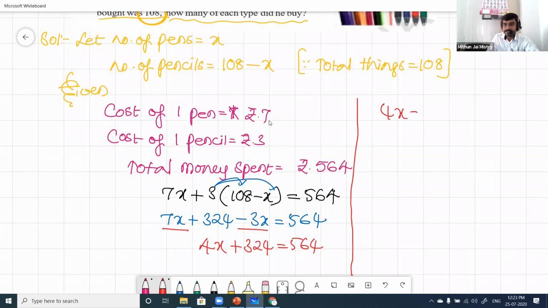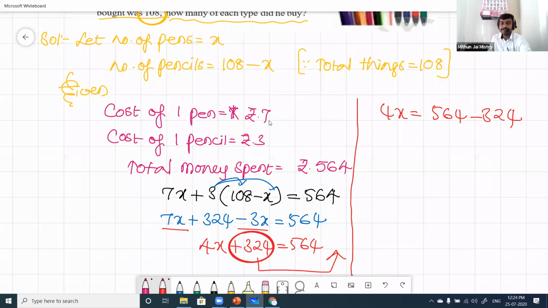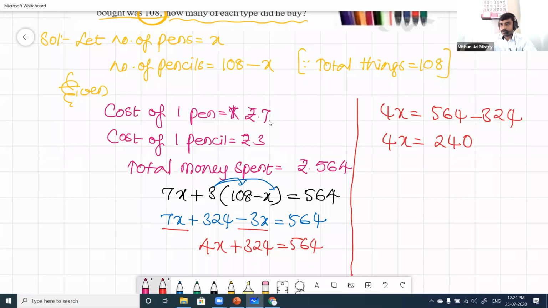You will get 564 minus 324. This plus 324 I have taken to the other side, so plus 324 became minus 324. The difference between them is 240. 4 minus 4, 0. 6 minus 2 is 4. 5 minus 3 is 2.